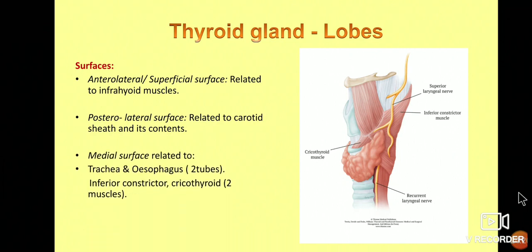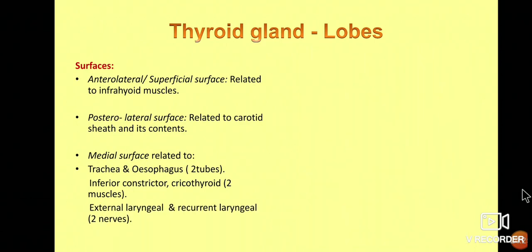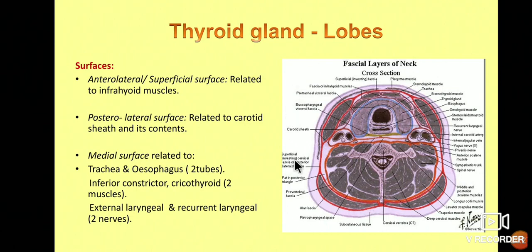In the cross section of the neck, you will be able to understand these relations. Here you are able to see the thyroid gland. Anterolaterally it is related to the infrahyoid muscles. Posterolaterally it is related to the carotid sheath and its contents. Medially it is related to two tubes, trachea in the front, esophagus behind.